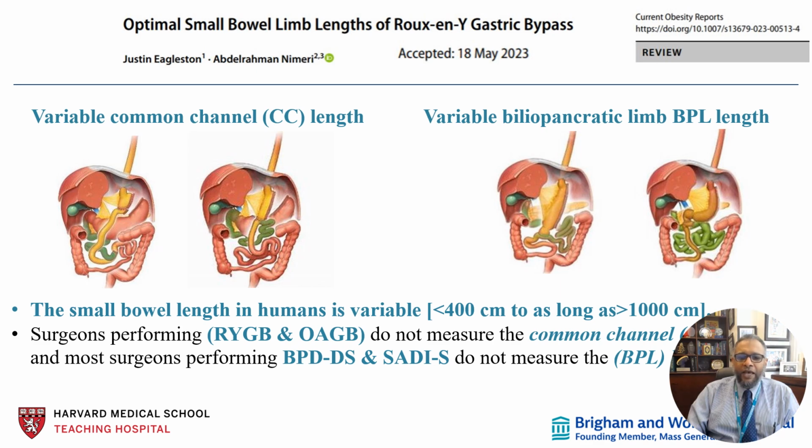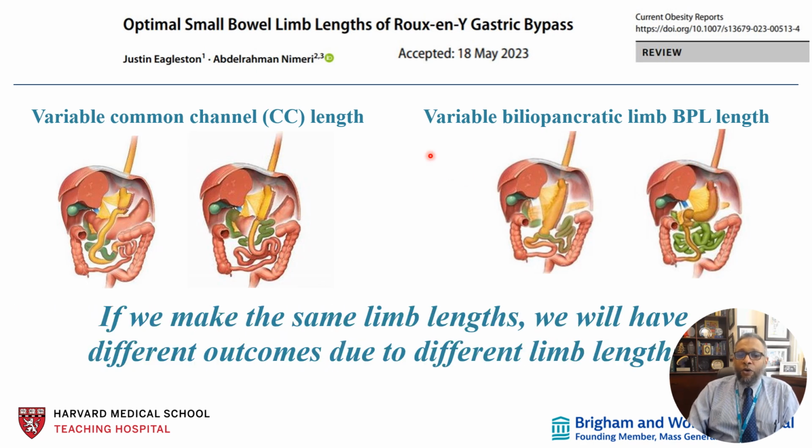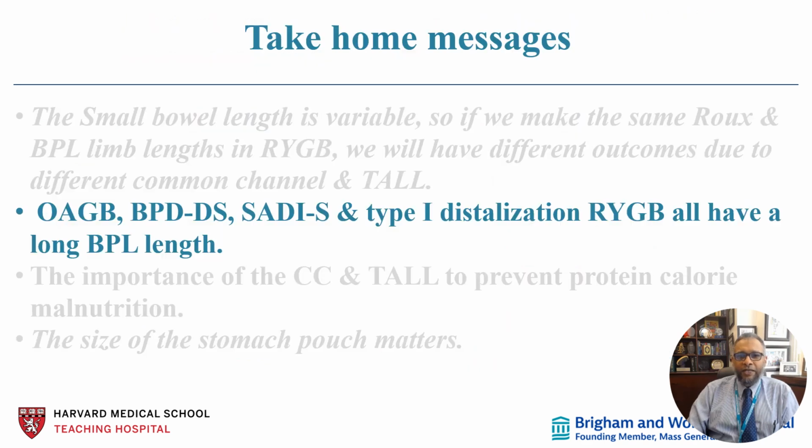And on the right side, whenever we do either SADI or DS, because we don't measure the BP limb, we leave a variable biliopancreatic limb. So if we make the same limb length, whether in gastric bypass or in DS, we will end up with different outcomes because we leave the common channel unknown in gastric bypass, and we leave the biliopancreatic limb unknown in duodenal switch and SADI.